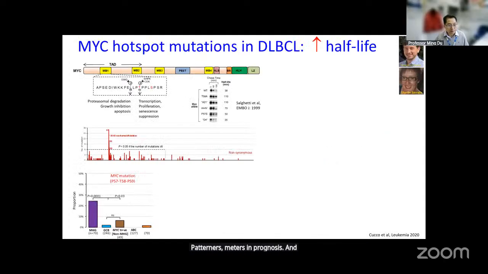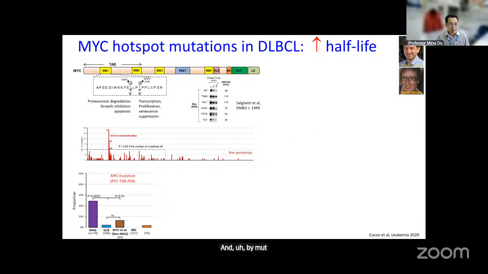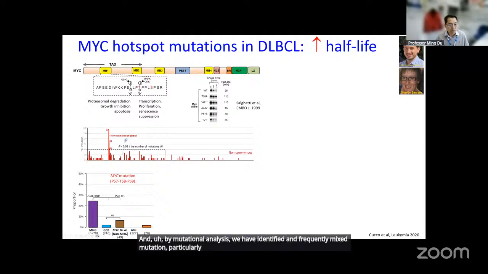We examined this through our consortium studies. By mutation analysis, we frequently identified MYC mutation, particularly a hotspot mutation around codons 57 to 60.